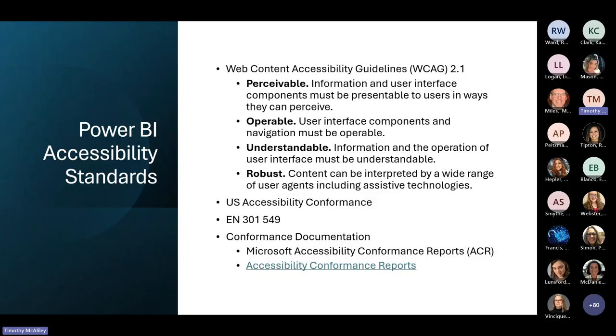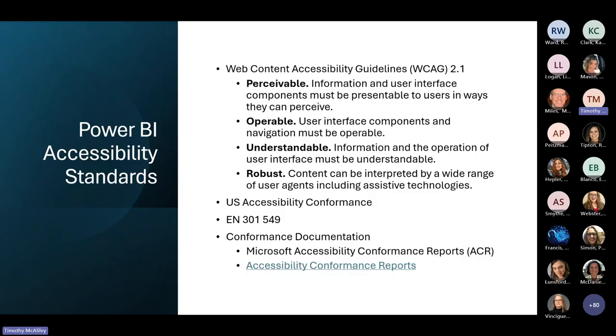Understandable: you want it to be comprehensible by a broad body of people, your report consumers. Robust: you want it to be interpreted by a wide range of user agents, including assistive technologies, narrators, keyboard, tab order, things like that. And then there is a standard for European conformance, and then there's a U.S. accessibility conformance.